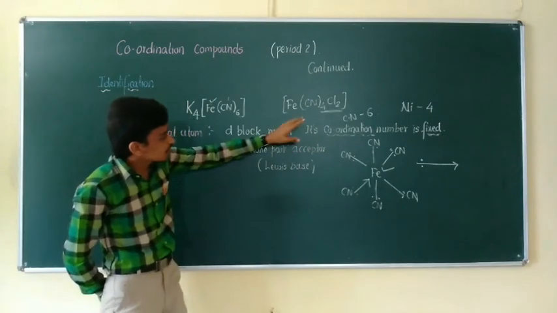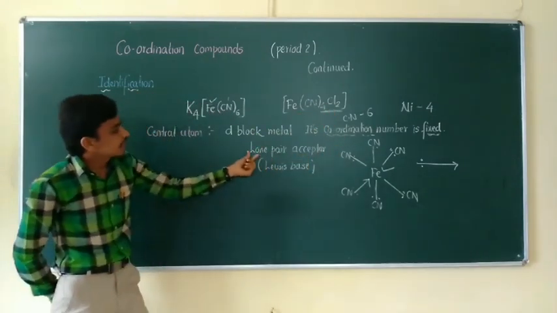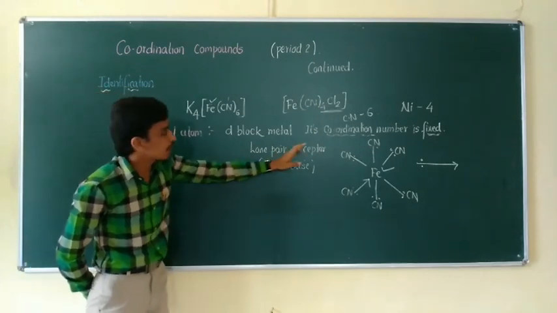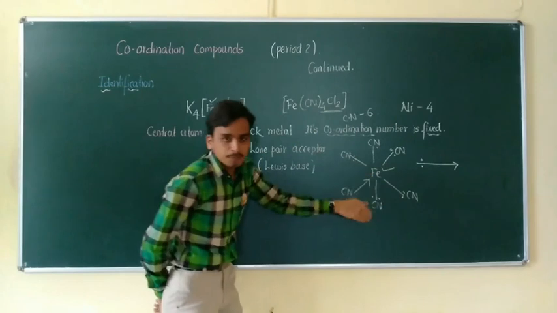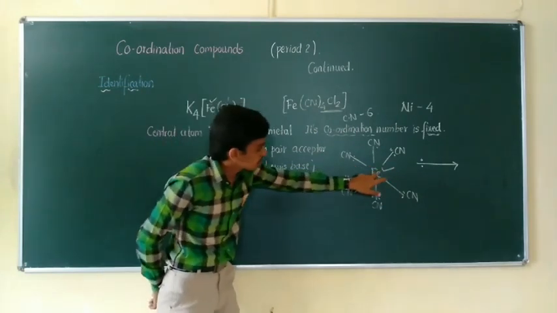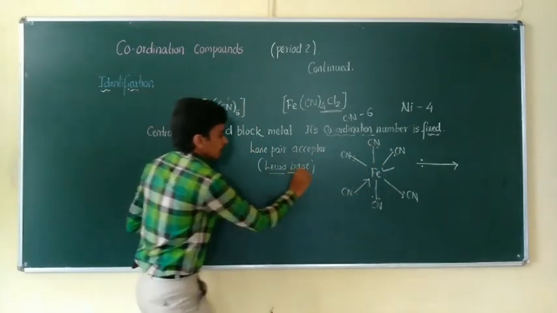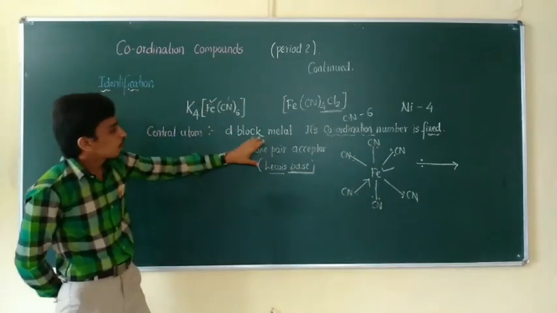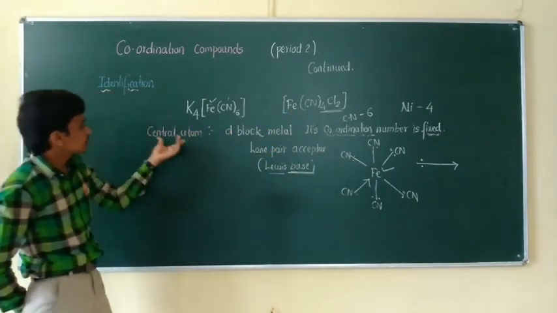Like this, all the d block elements have a fixed coordination number. It is the first year concept of a lone pair acceptor. The central atom receives the lone pair of electrons. According to Lewis's definition, what are the substances receiving the lone pair of electrons? Those are nothing but Lewis acids. Therefore, the central atoms are Lewis acids. This is the concept regarding the central atom.